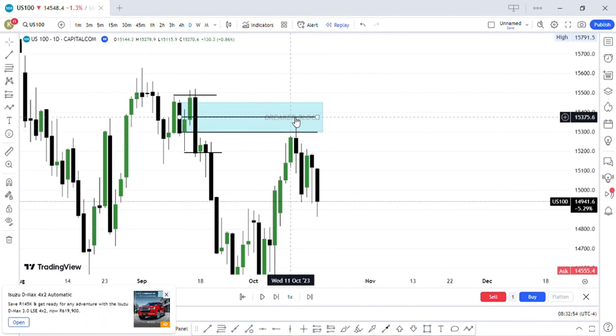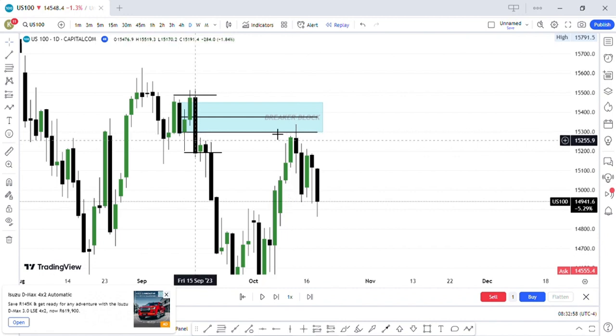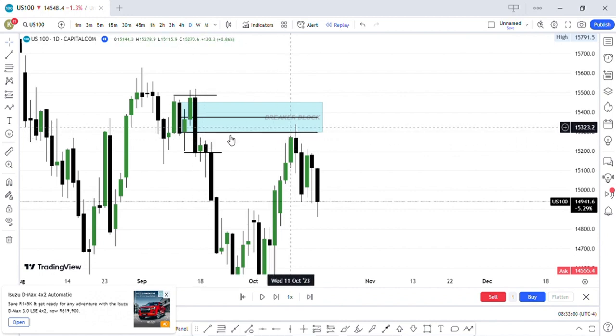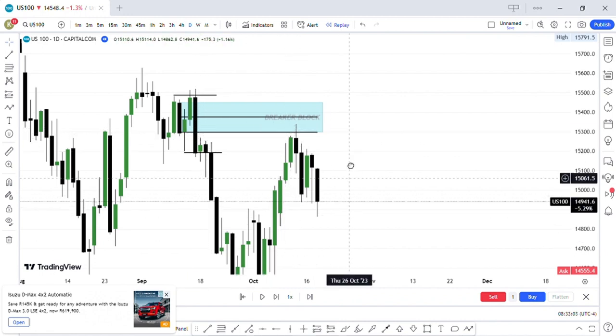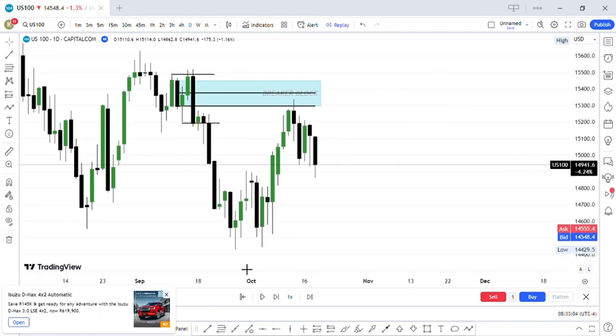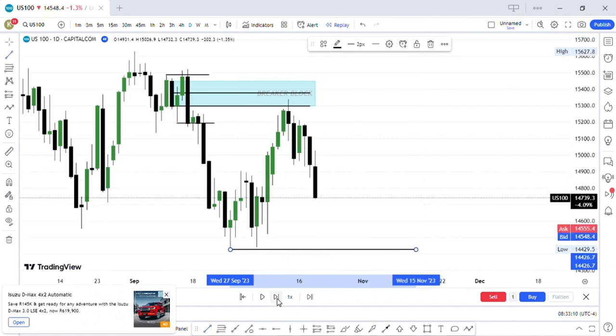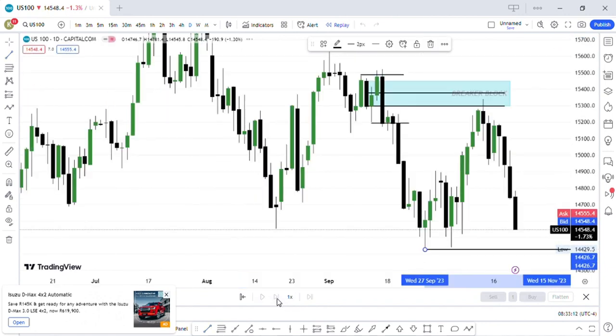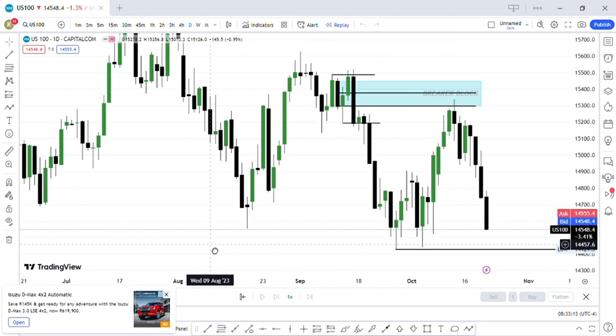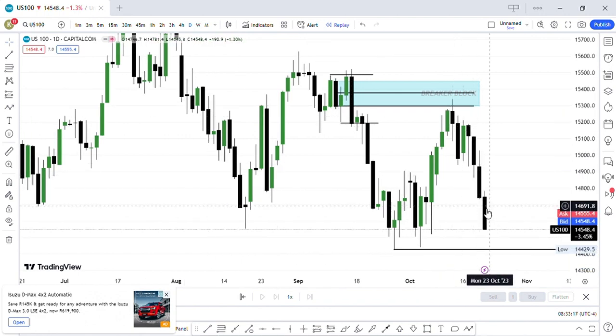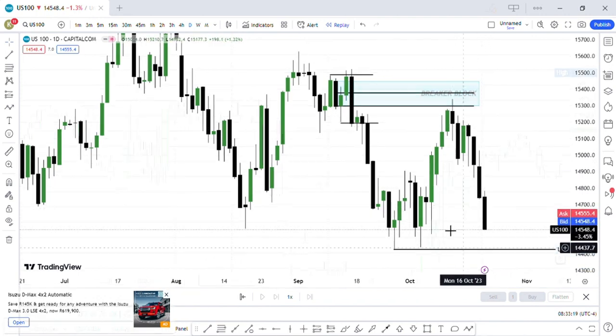It didn't go to the 50%, but it tapped into the open of the breaker block and also the 50% of the fair value gap. So now we expect the market to go down and attack these lows. This is our current price. Somewhere next week, we're going to see the market attacking these lows, right?